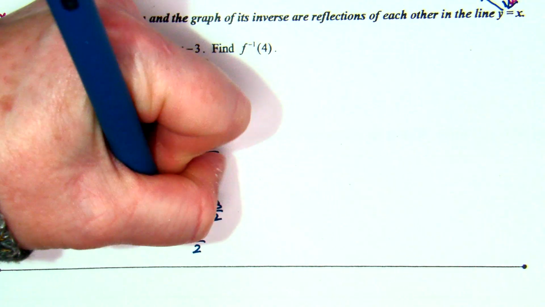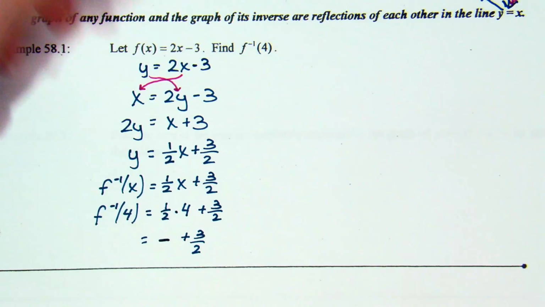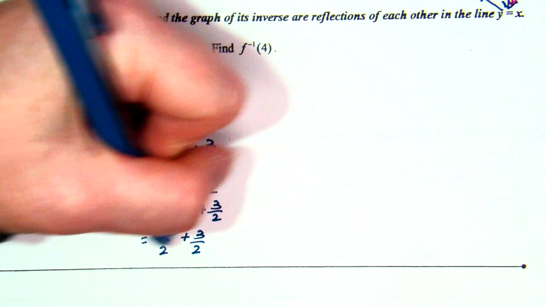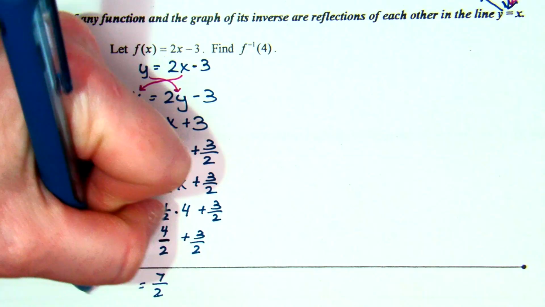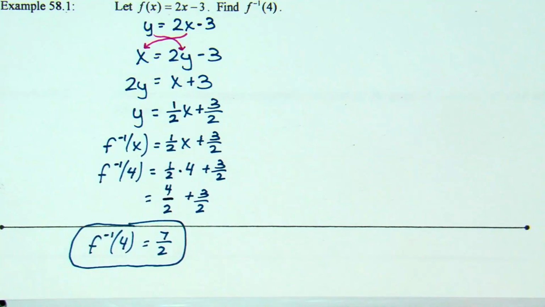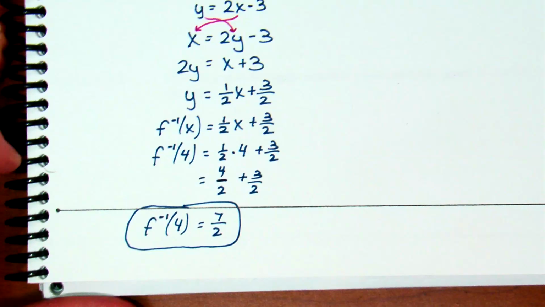What is 2 as a fraction? 4/2 is important here. 4/2 plus 3/2 is 7/2. So f inverse of 4 is 7/2. That is definitely some algebra skills there, isn't it? Those algebra skills coming back to you a little bit?